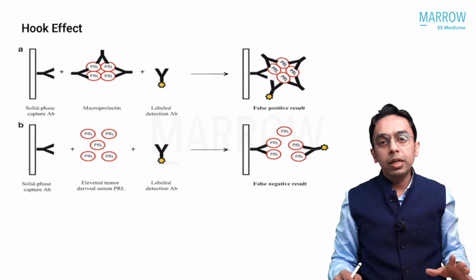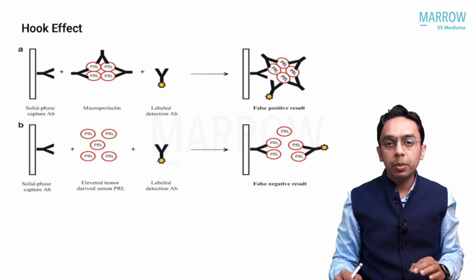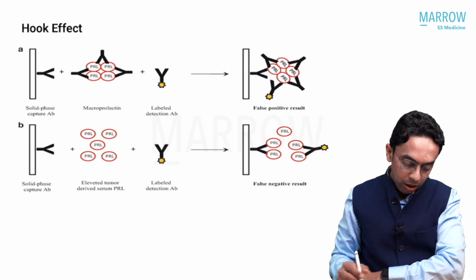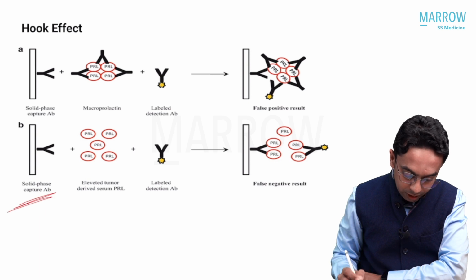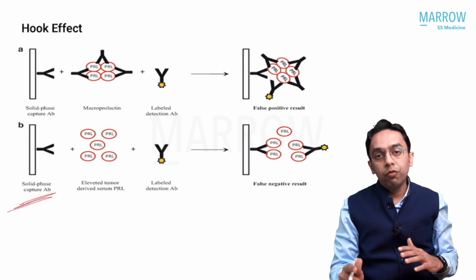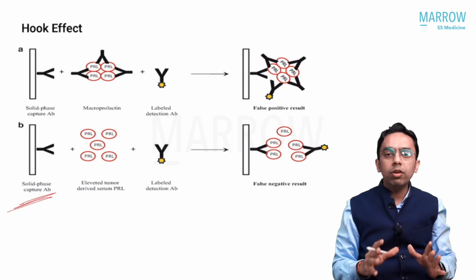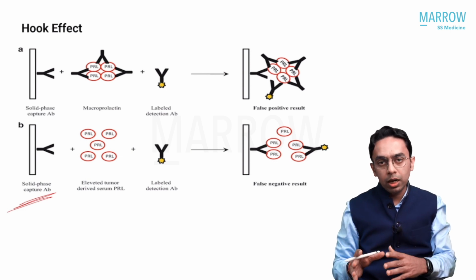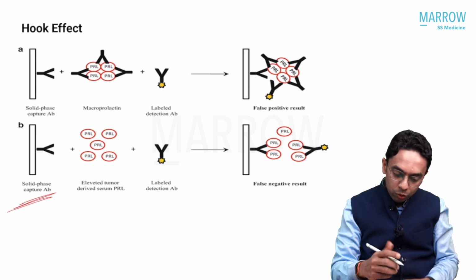Just to complete our discussion, I'll tell you about hook effect. That is very, very important for clinical practice, also for your MCQ. What happens here? You have a solid phase capture antibody, where whatever antigen you are detecting, say TSH, prolactin, or whatever you want to measure in blood, whatever assay you are using, will stick to that antibody.